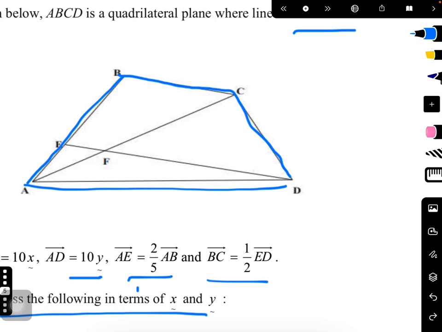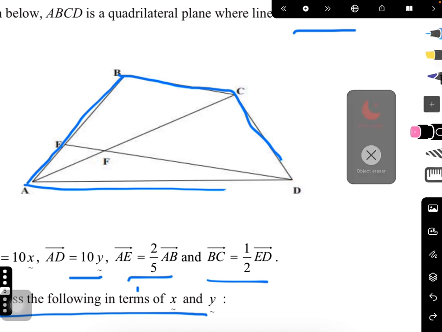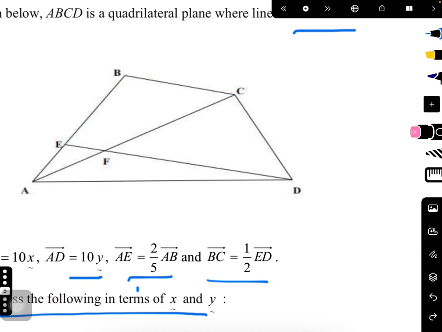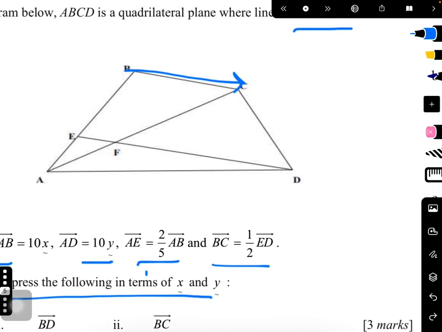So BC, where can we find BC? BC is here. And it is given that BC is 1 over 2 vector ED. Where is vector ED?